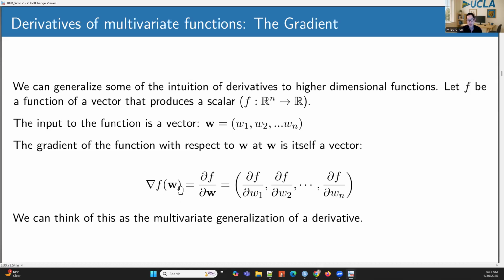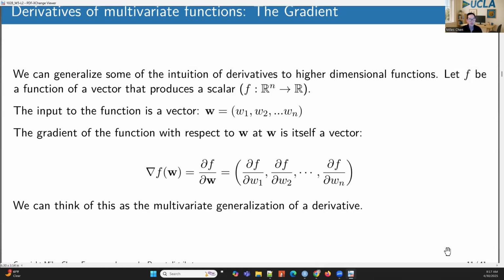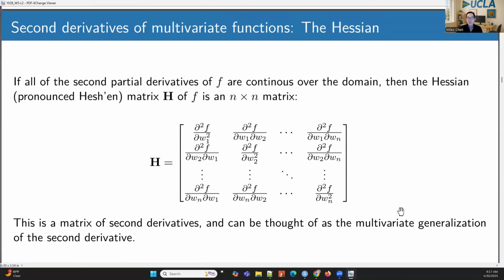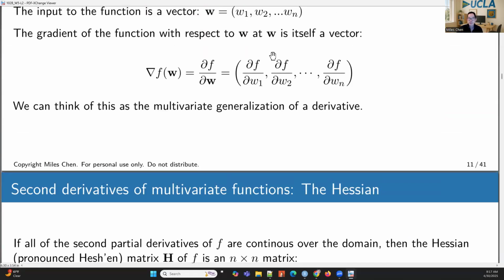So the gradient with respect to w is basically going to be the partial derivative of f with respect to w1, partial derivative of f with respect to w2, and so on and so forth. And we can think of the gradient as the multivariate generalization of the derivative. Okay. And so this would be the generalization of the first derivative.